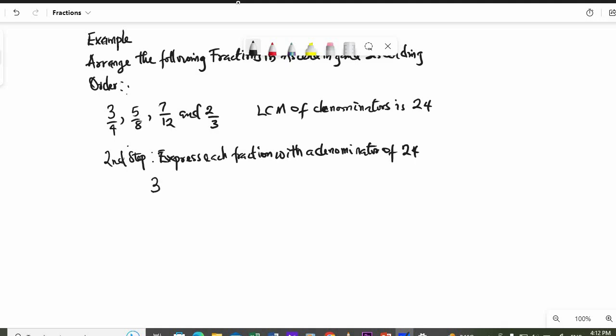Now to express 3 over 4 with the denominator of 24, remember, if you multiply the numerator and denominator by the same number, you get an equivalent fraction. Okay, so now what number can we multiply 3 and 4 by to give us a fraction which has a denominator of 24?